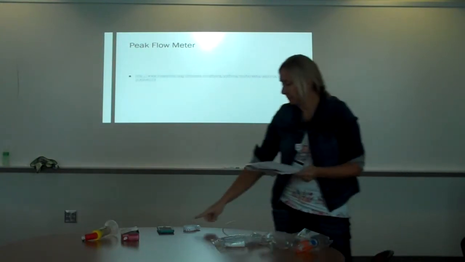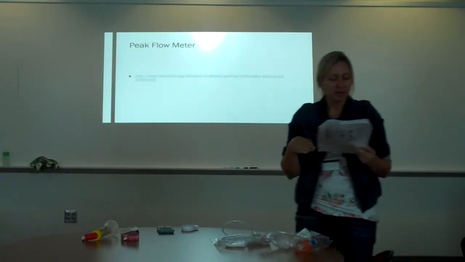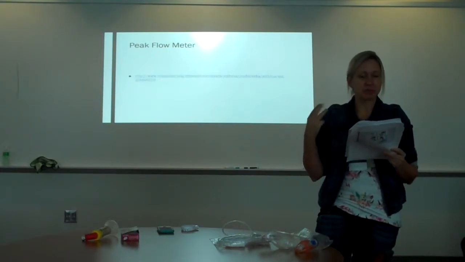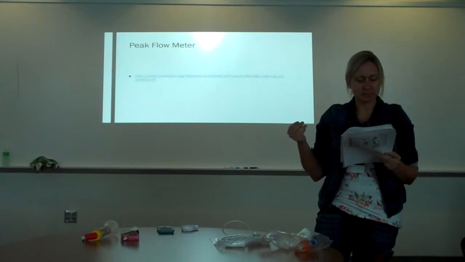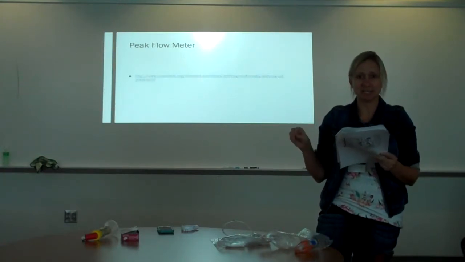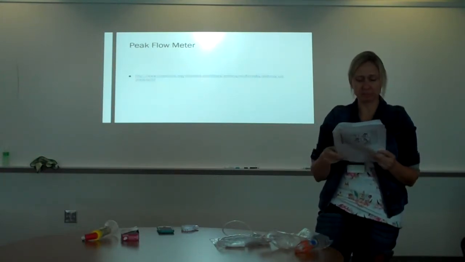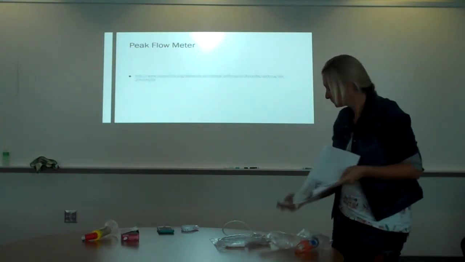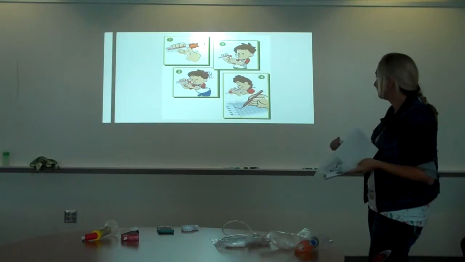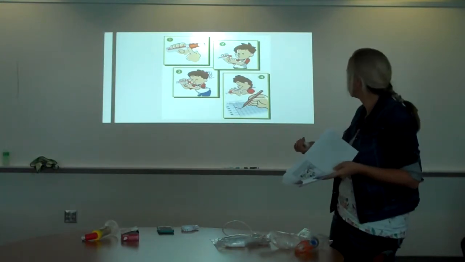Afterwards, read the number on the meter, and then tell the child and the parents to repeat 3 more times, waiting 30 seconds between attempts. They're going to record the highest number out of all of their attempts. That is a peak flow meter. Here's a picture of a peak flow meter too that looks slightly different.